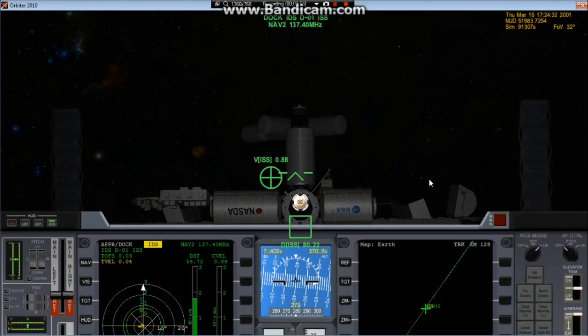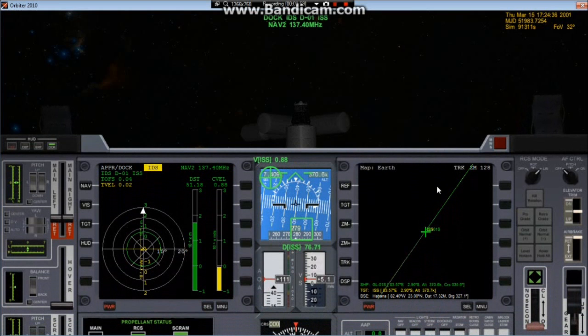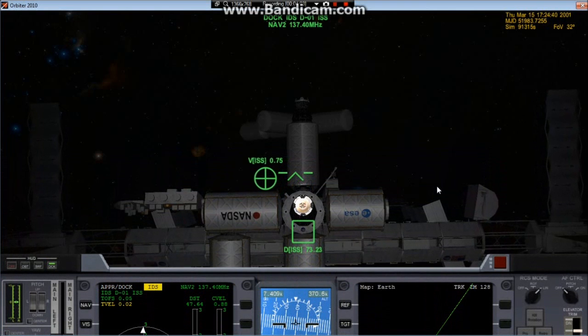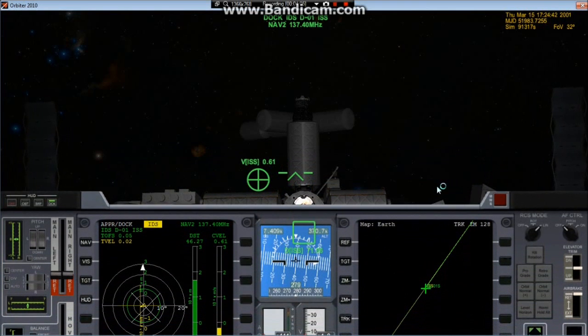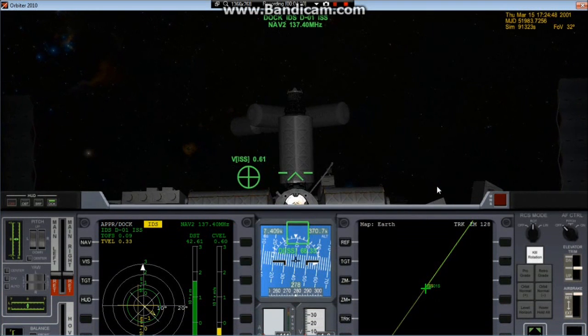Okay, final approach. We're going to close the retro engines now, and main engines are off limits. This means we're using translation for the remainder of the approach.